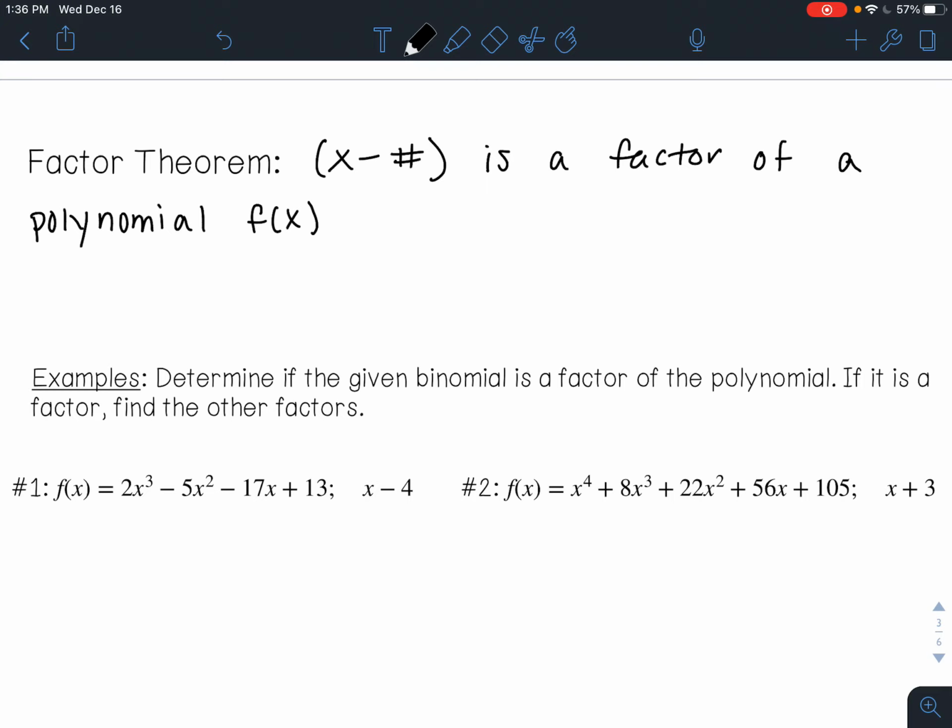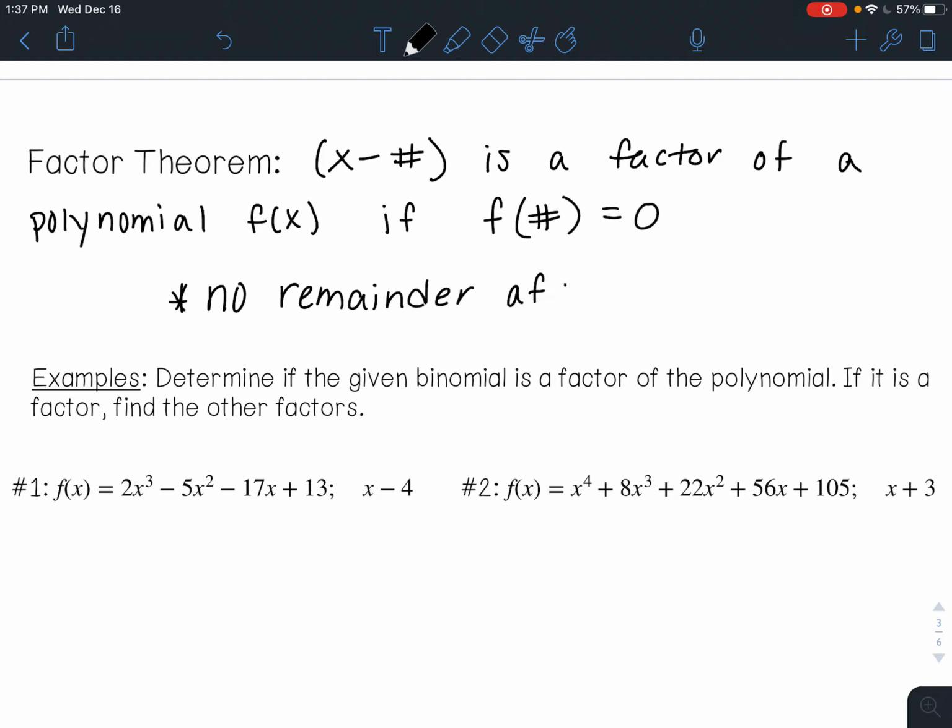So this binomial x minus a is a factor of a polynomial f of x if the function value at that number is equal to 0. Aka there's no remainder after you divide, specifically after you divide f of x by x minus a number.